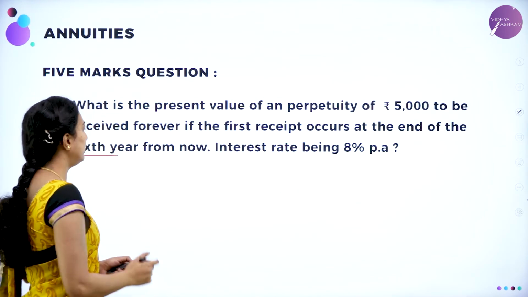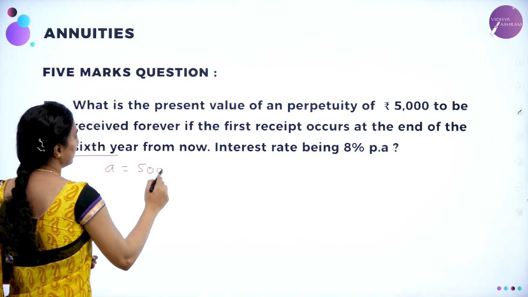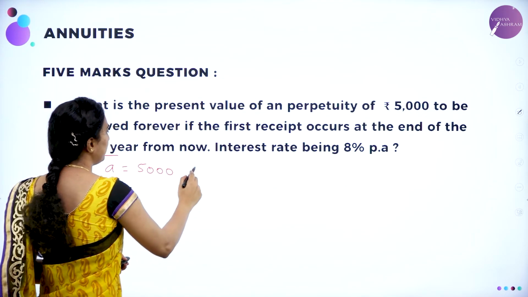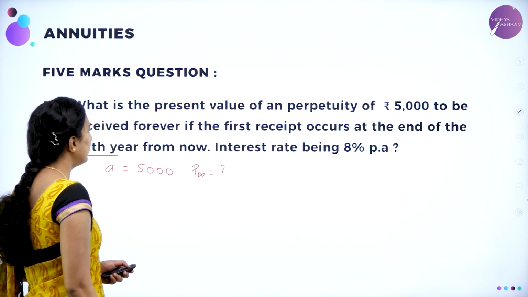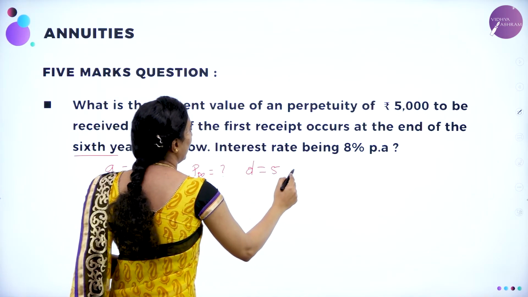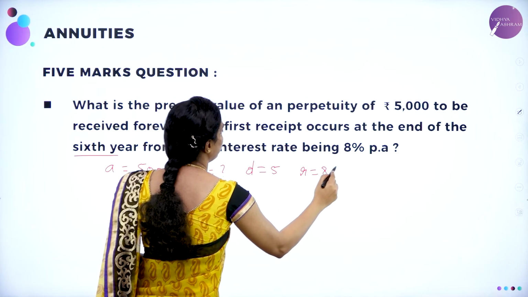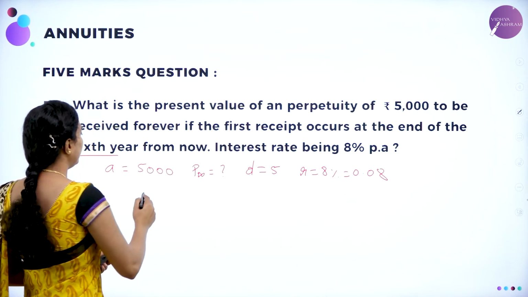So, what they have given here is A equals 5,000 and perpetuity, that is P infinity, you need to calculate, isn't it? And the first receipt d is equal to 5, and r equals 8%, which is 0.08. What is the P infinity formula?